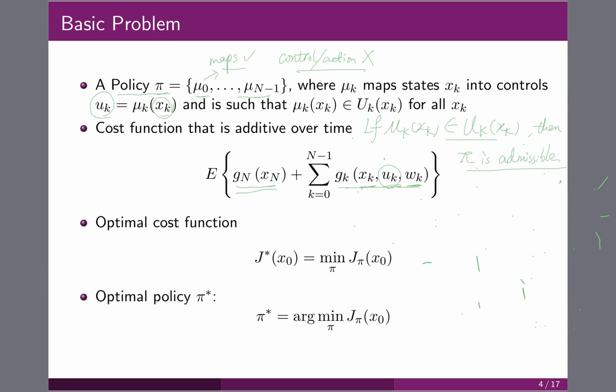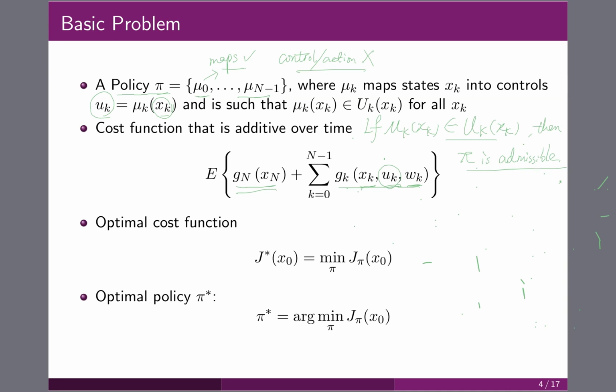If you don't have terminal cost, you just let gN equal to 0. So this is quite a general problem setting. You can adapt it to different problems by letting g take different forms.